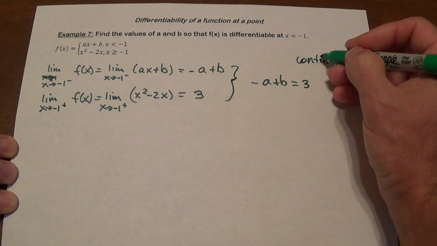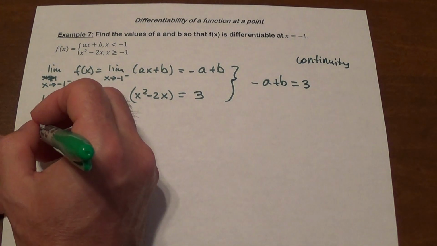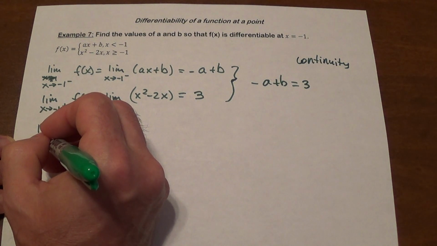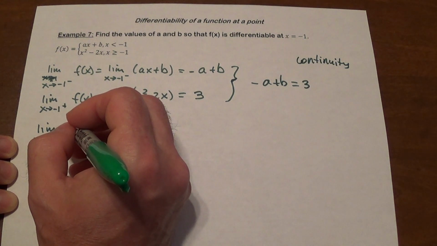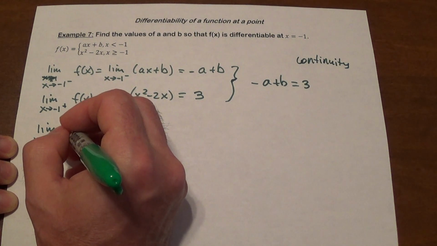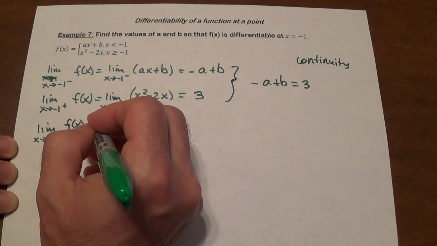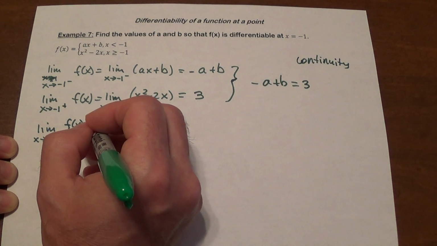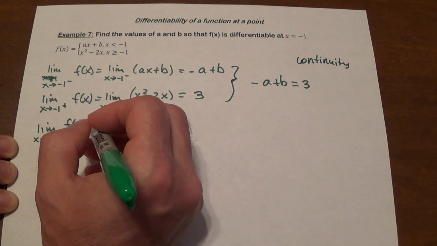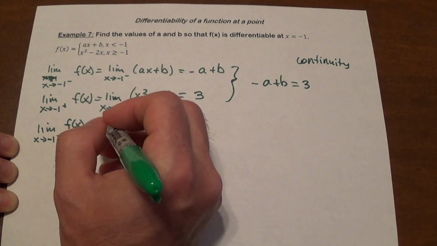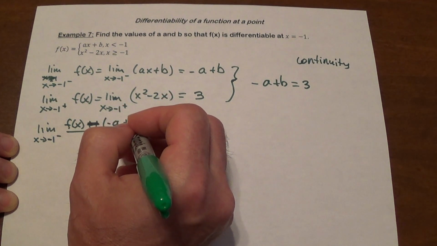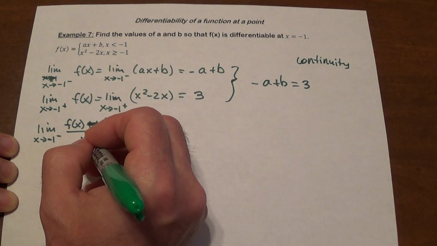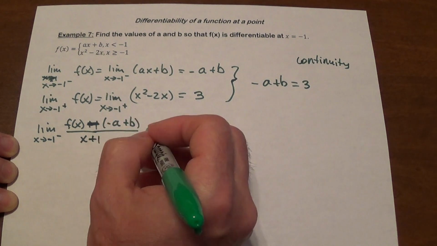Because we need to make sure the function is continuous and differentiable. So the differentiability part is going to be the limit as x approaches negative 1 from the left of f of x minus the value of the function at negative 1, divided by x plus 1.